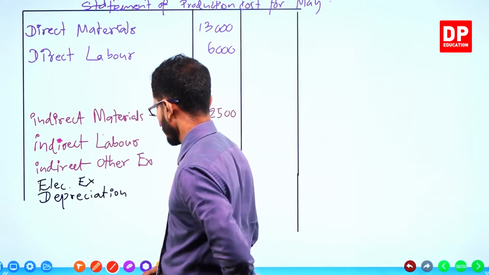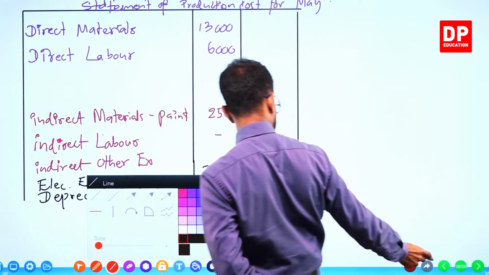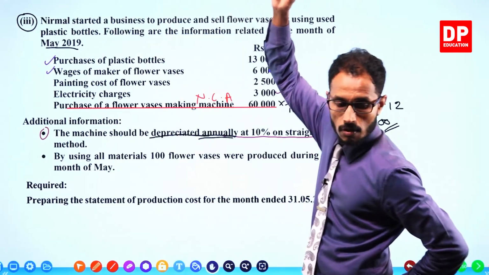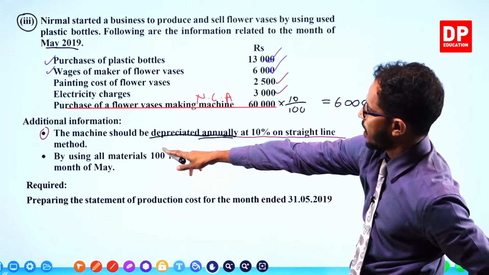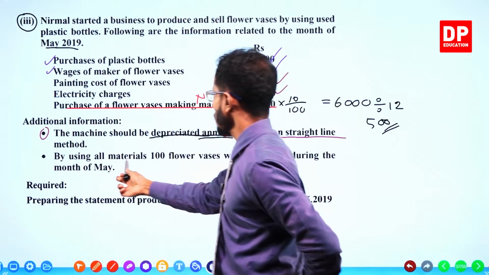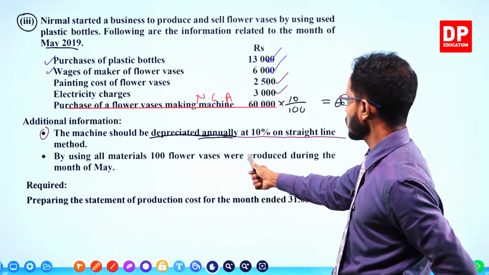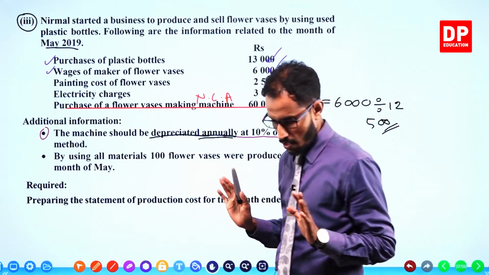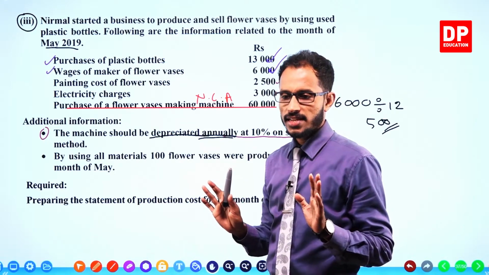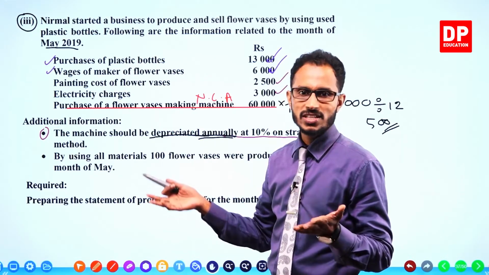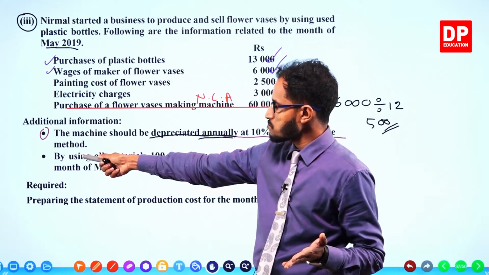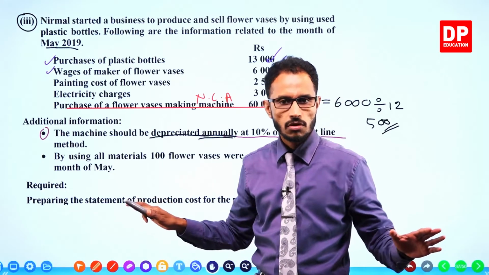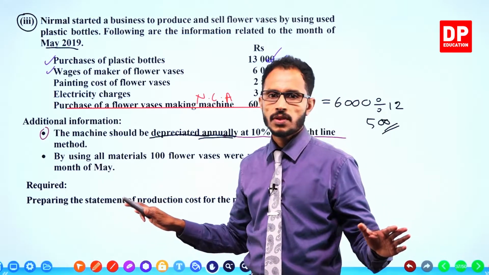Now, children, what is the next additional information? Yeah, this one. By using all materials, 100 flower vases were produced during the month of May. That is not actually a production cost item. That is about the number of units produced. No closing stock of raw materials.